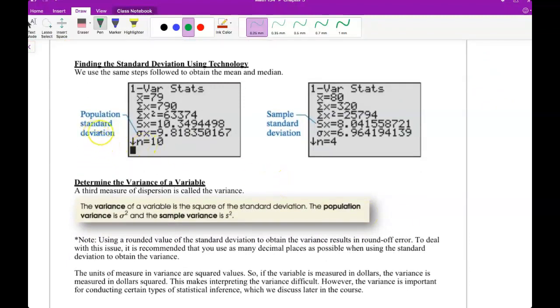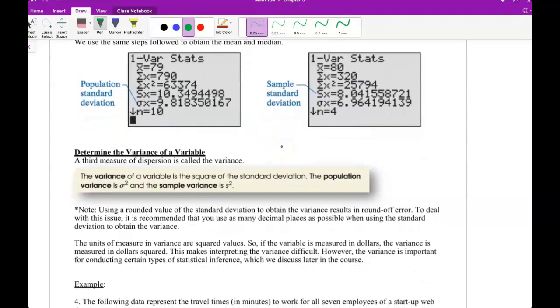Okay, next page. This part is just showing us which one is population standard deviation and which one is sample standard deviation when you use the TI-83/84. Sigma is population standard deviation, and the one starting with S is sample standard deviation. Now here we should find variance.